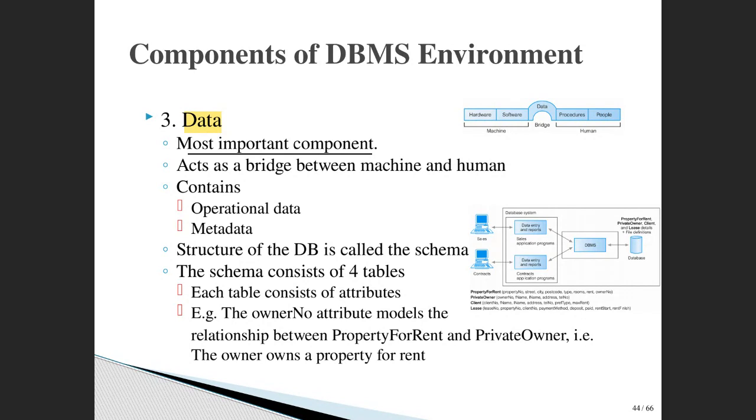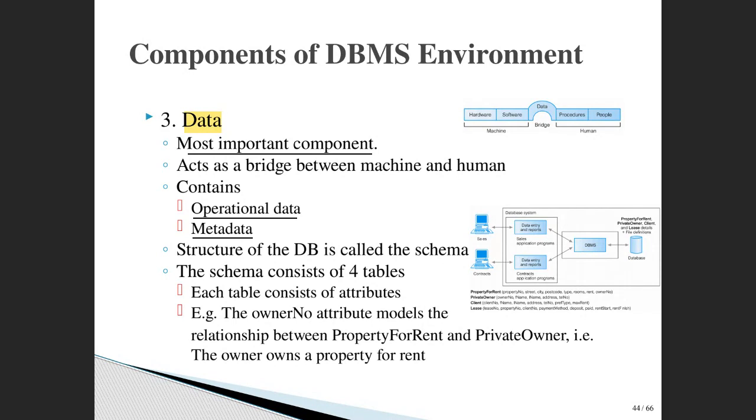It contains different types of data, like the operational data, not just the operational data for the system. Also, it will include metadata, and metadata, we have discussed this before. It is a description about data.